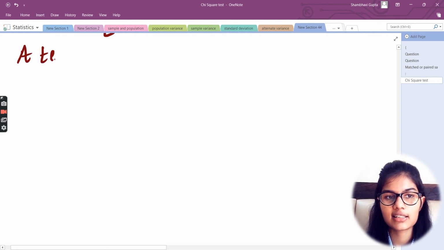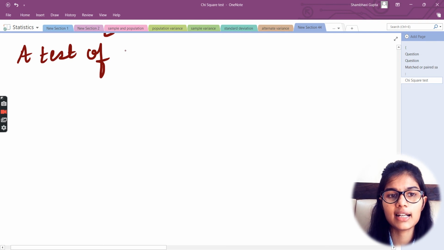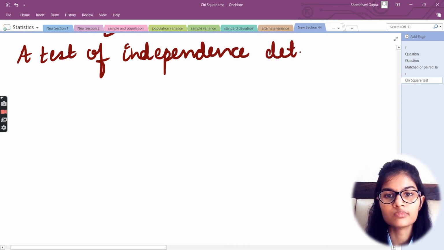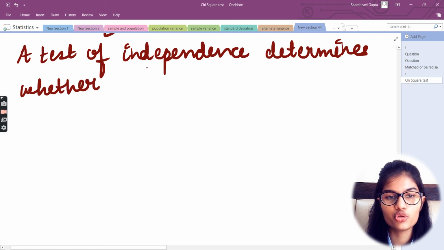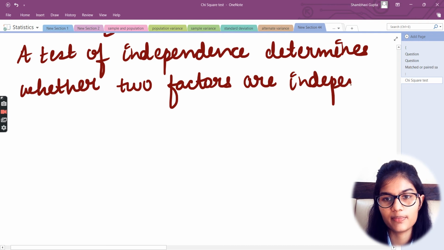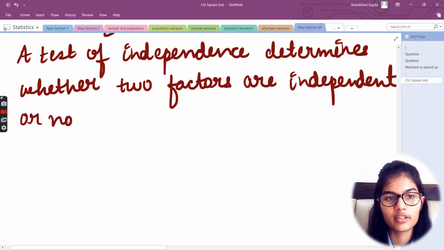So basically, a test of independence determines whether two factors are independent or not, right?